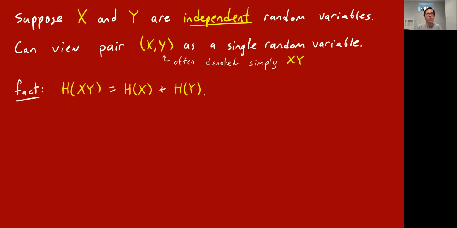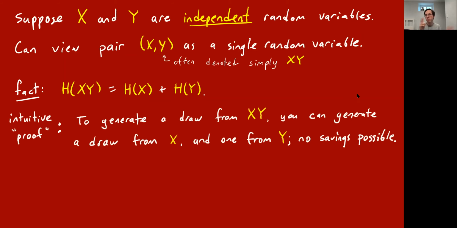And when x and y are independent, it's not hard to check from the formulas that the entropy of the joint random variable xy is just the entropy of x plus the entropy of y. And here's the intuitive proof of it. If you take the viewpoint that entropy is the number of random bits you would need if you're writing a computer program to generate a draw from the random variable in question.